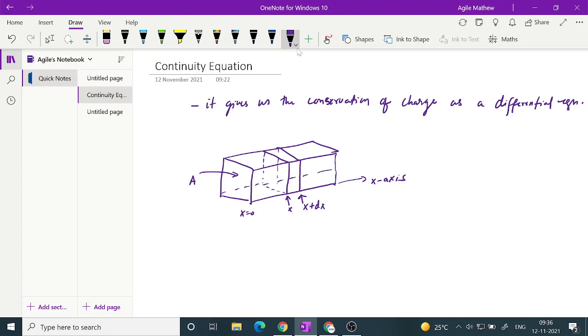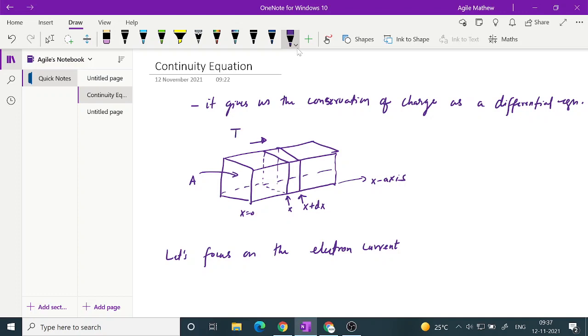Okay, so now we are assuming that the current is flowing in the x direction. The current that is entering into the strip, let's focus on the electron current. So at x, we are taking the reference direction as x-axis, and we look at the current that is entering into this strip.